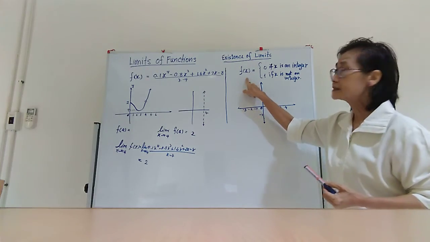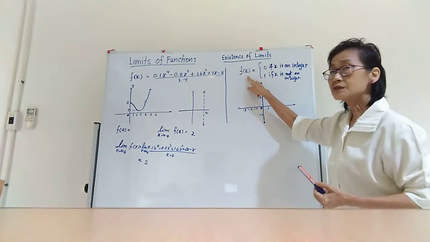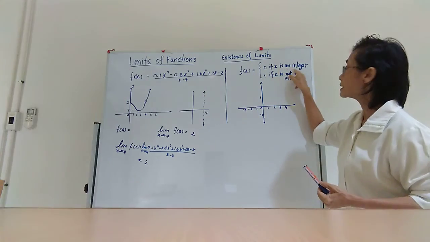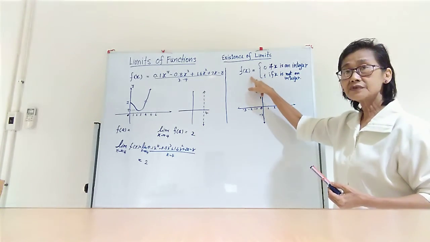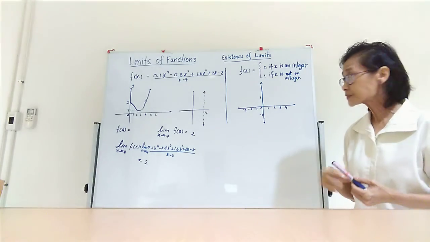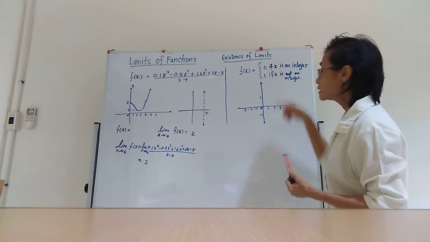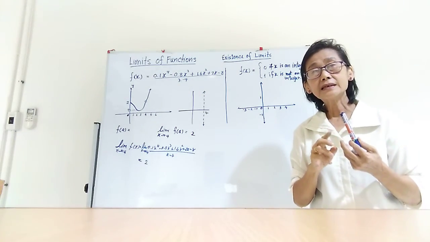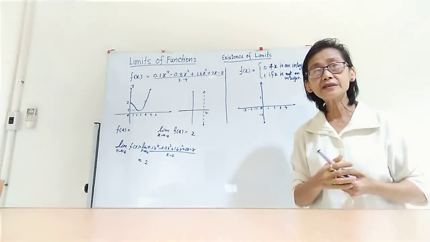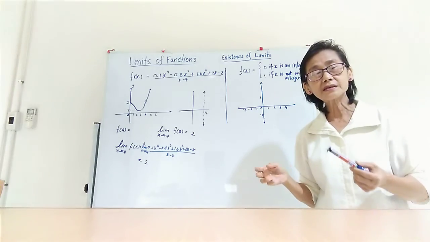For this example, I give you two functions. The first one is the function f of x equals 0 if x is an integer, and the second function is f of x equals 1 if x is not an integer. How do we plot the graph? When f of x equals 0, when x is an integer, what does integer mean? Everyone remember we learned last year about the real numbers.